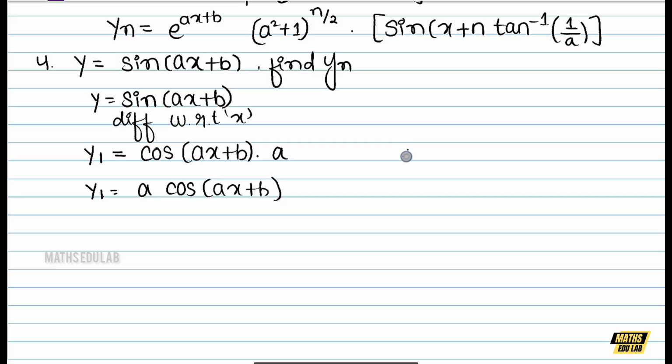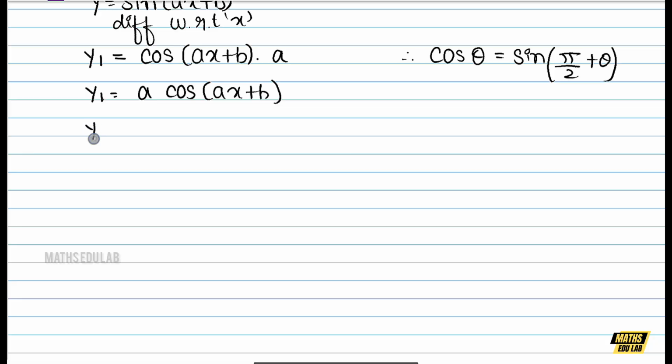Then we have a formula, cos theta is equal to sine pi by 2 plus theta.